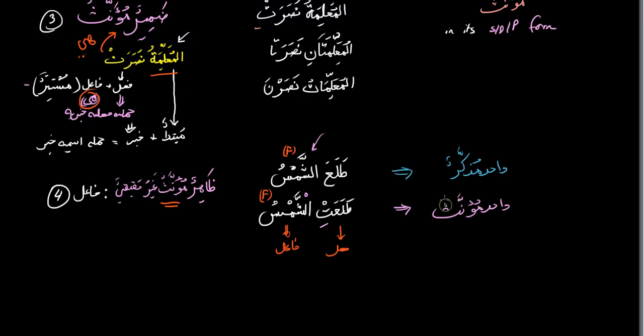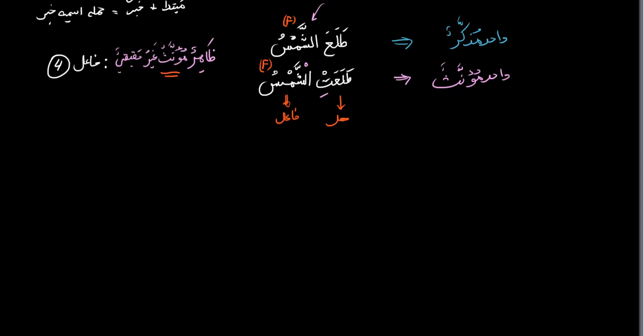This is kind of good because if you did not know if it's masculine or feminine, if you make a mistake, you're covered in a way, right? So in this case, you can either use wahid mudhakkar or wahid mu'annas. Okay, so we got this. That's cool. We got this. I'm learning. This is good stuff.